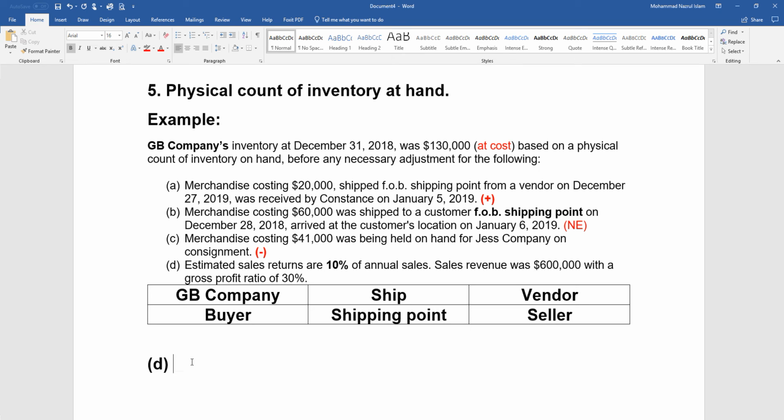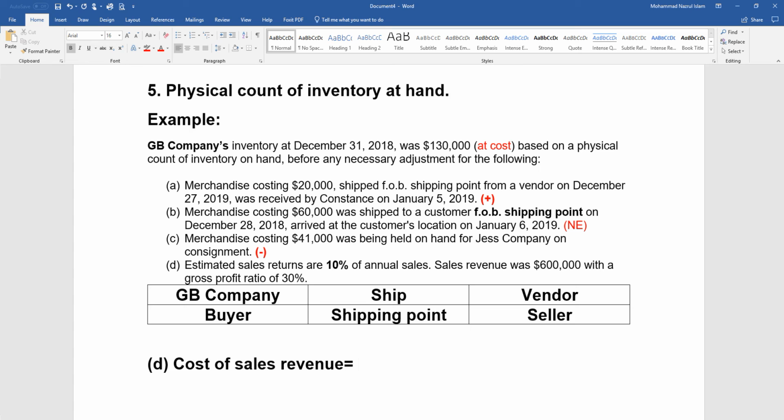We will be calculating cost of the sales revenue. We can also say cost of goods sold.